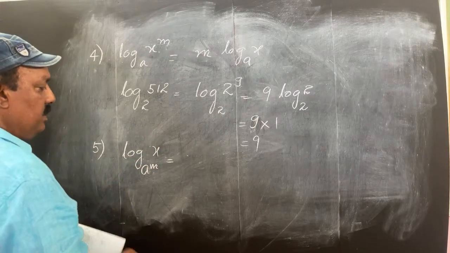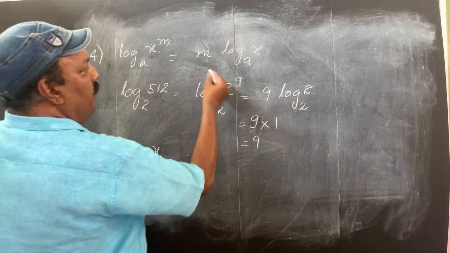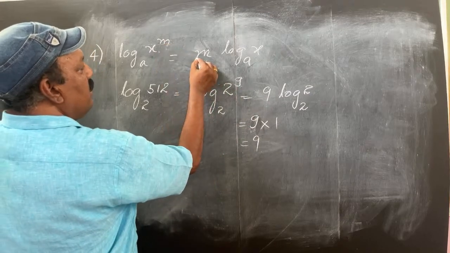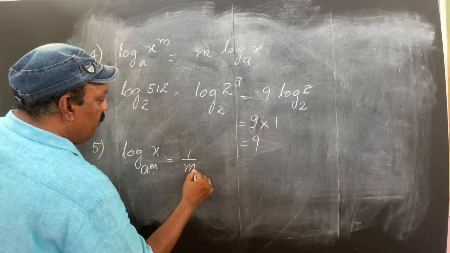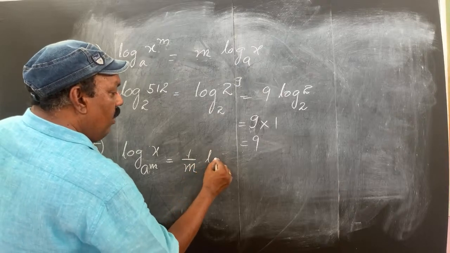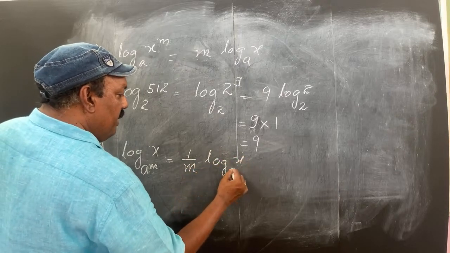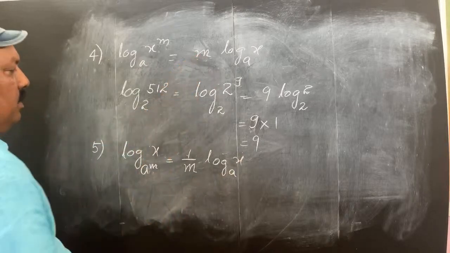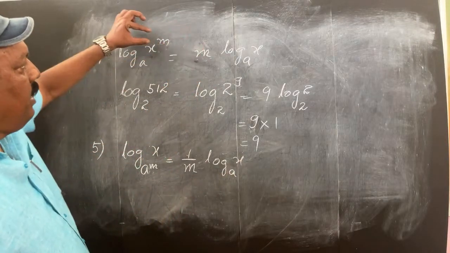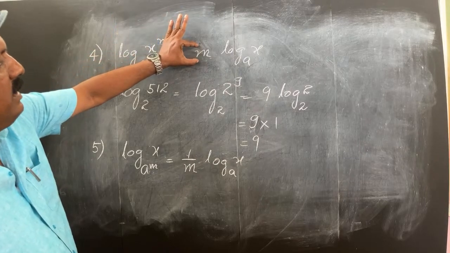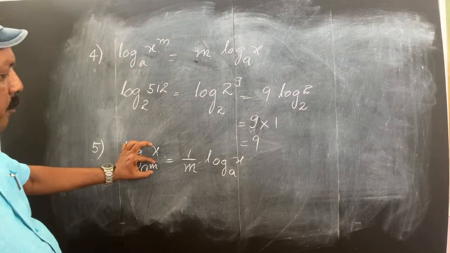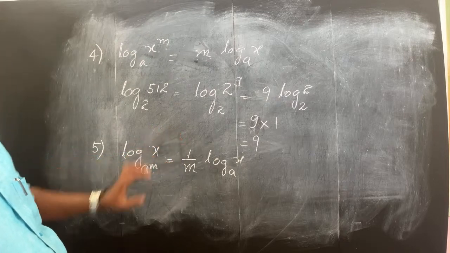So here we get 1 by m log x base a. That is the difference. If the log value has a power, it becomes directly the character. If the base value has a power, it becomes the reciprocal of the character.